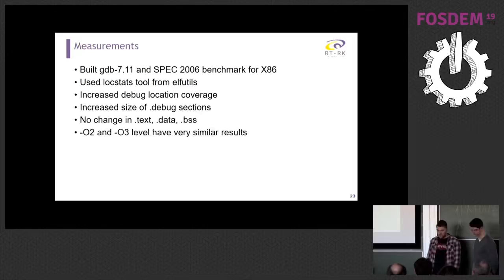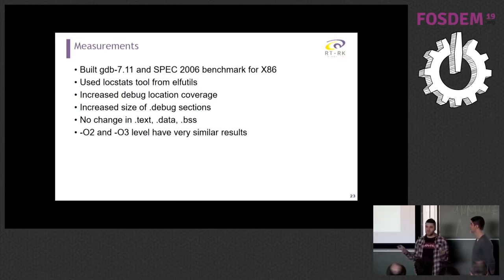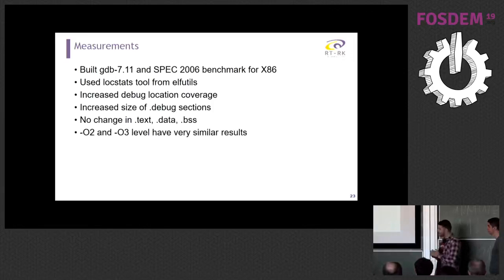Also, we didn't touch code generation, which is very important. There is no change in text, BSS, or data sections. There is only change in .debug sections, as expected. And just to mention that for O2 and O3 levels, we noticed very similar results.